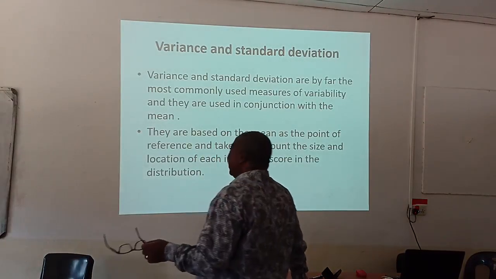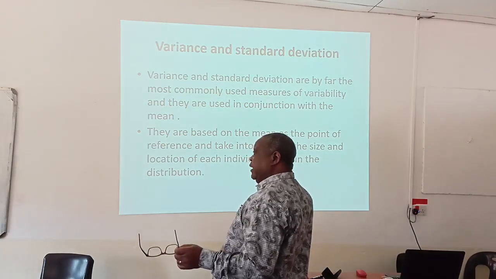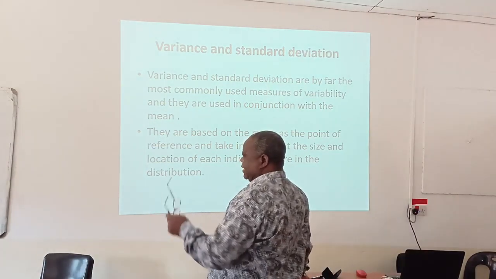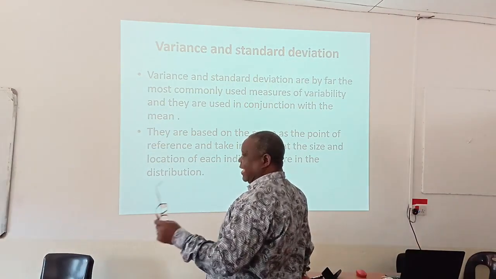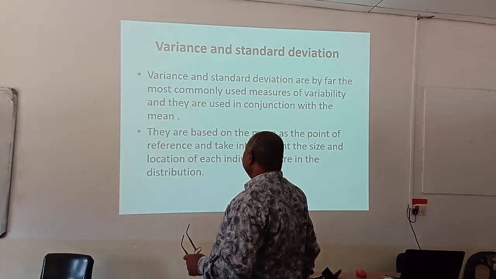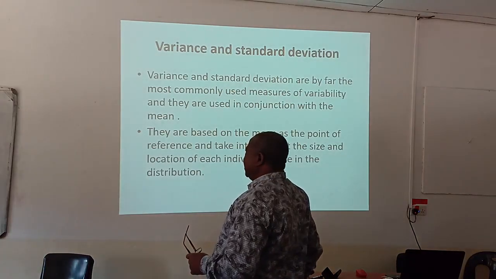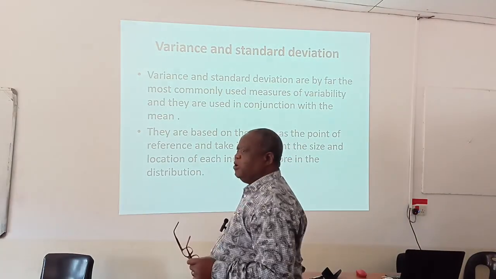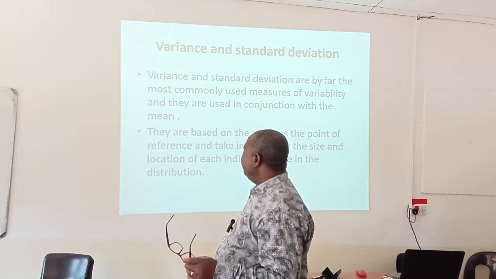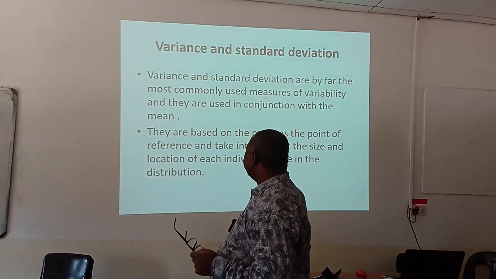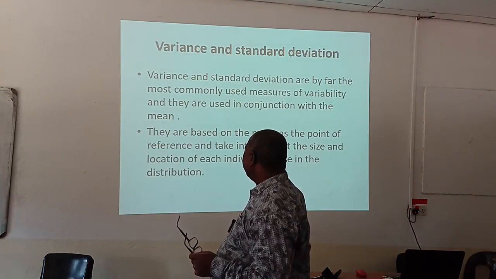When we talk about the ability, we talk about the range and the quarter deviation and the exercise of that. I guess we could now handle those. The third index we use for measuring variability is variance or standard deviation. These are related.